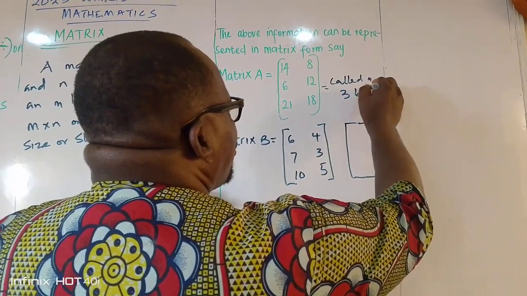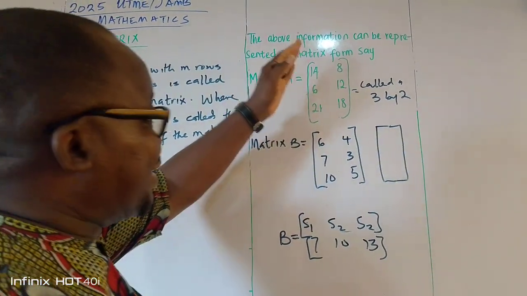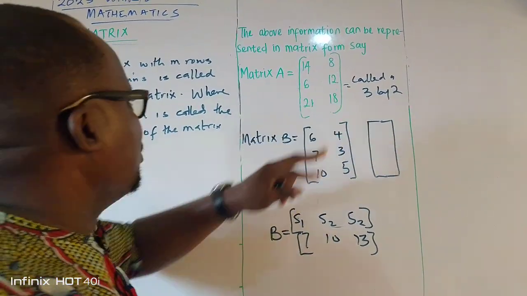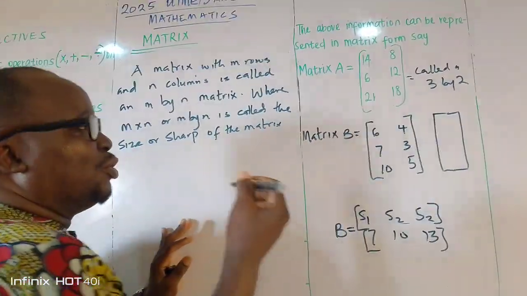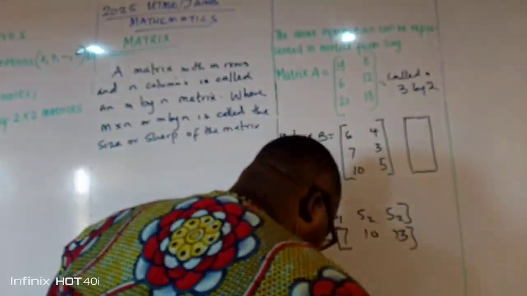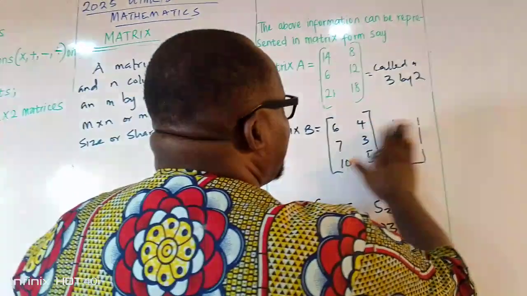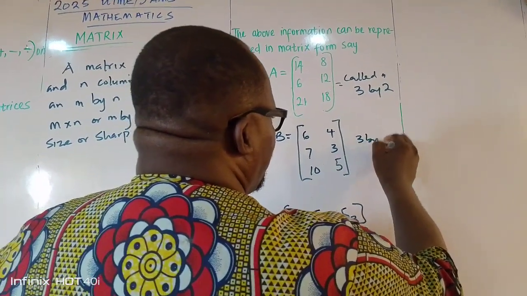A 3 by 2 matrix. Because the ones arranged vertically are called columns, while the ones arranged horizontally are called rows. This here and here too is also an example of a 3 by 2 matrix. Are you hearing me? 3 by 2 matrix.